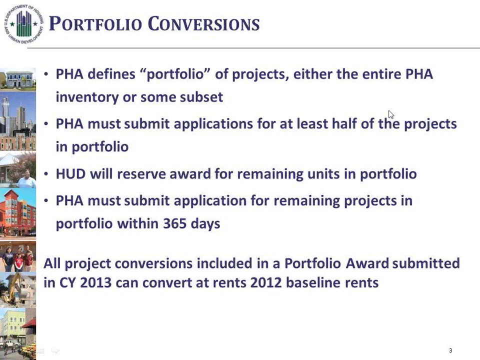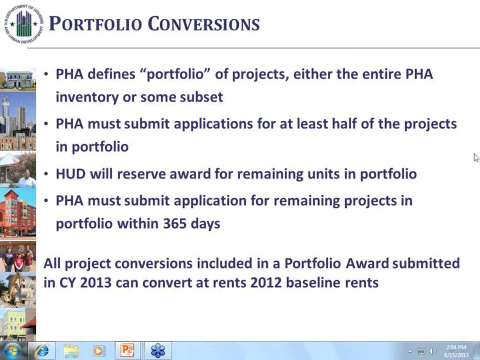That's appropriate. So for the half that you submit, we will set aside an award for the remaining units in your portfolio, and then you have 365 days from the day of your award to get us applications for the remaining projects.